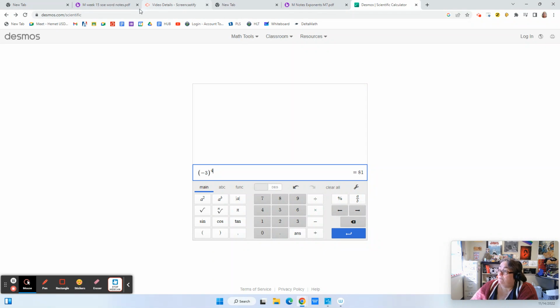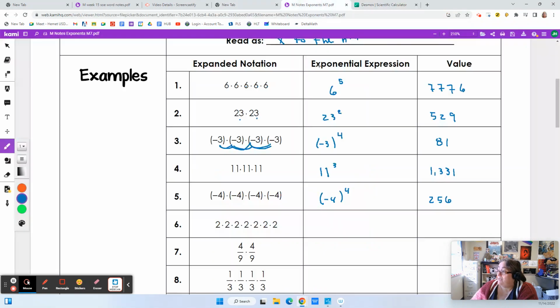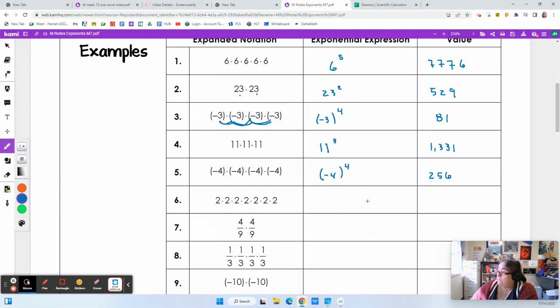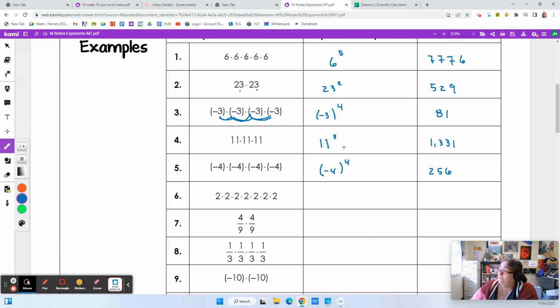So if we look at, what did we just do? What was the last one we did? -4 to the fourth power. That's how we got a positive 256, right? Because we did it 4 times. So -4 times -4 is positive 16 times -4 is, I think, -64.